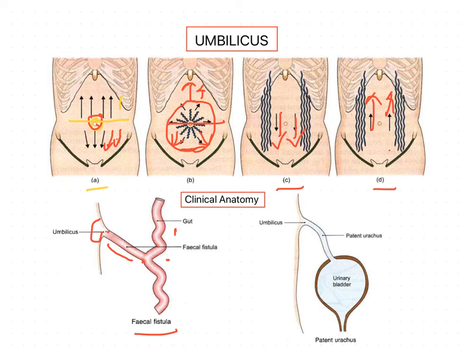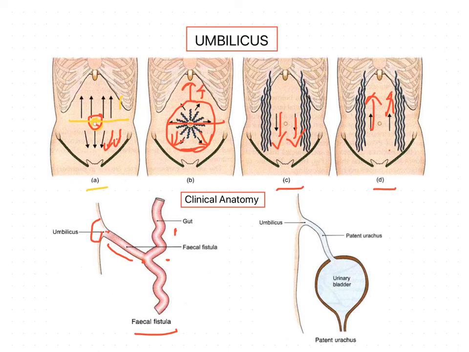Such a condition is called fecal fistula. Another condition is called Meckel's diverticulum. This is the persistence of the proximal part of the vitellointestinal duct. Normally it is attached to the small intestine.